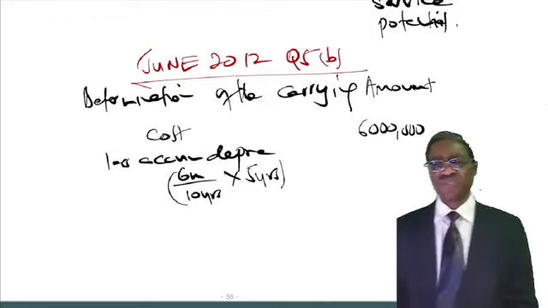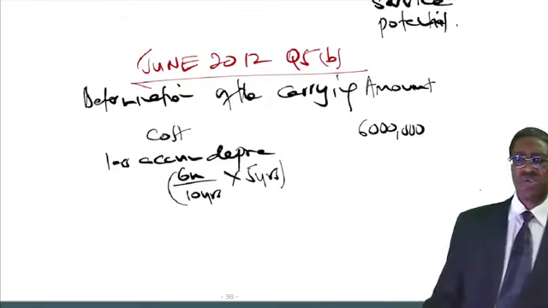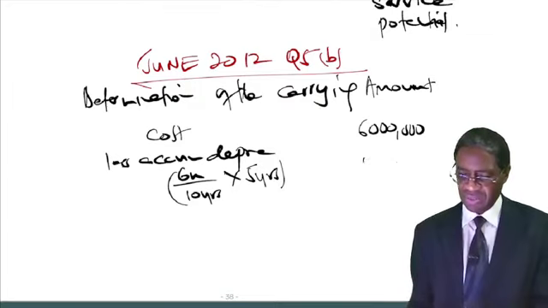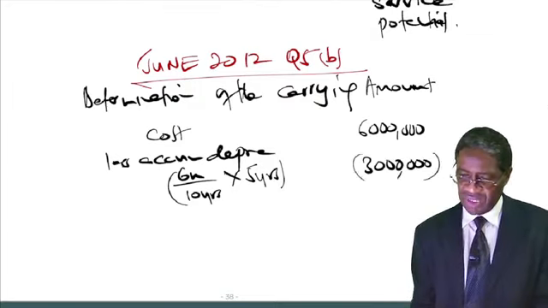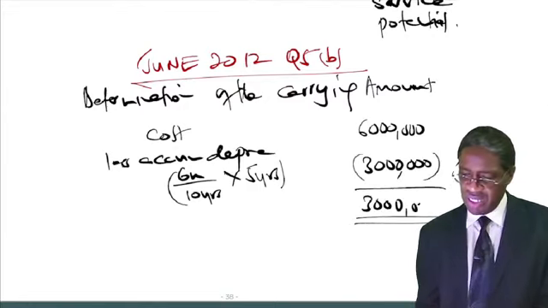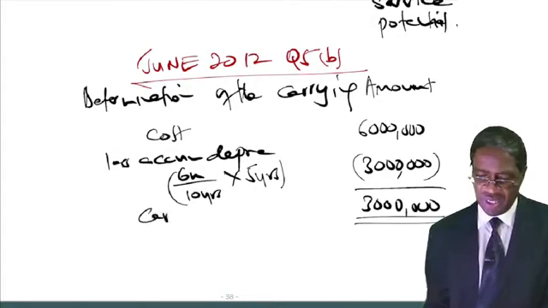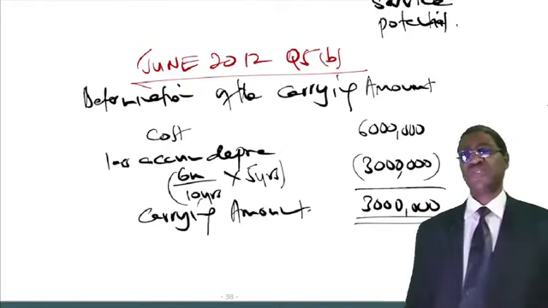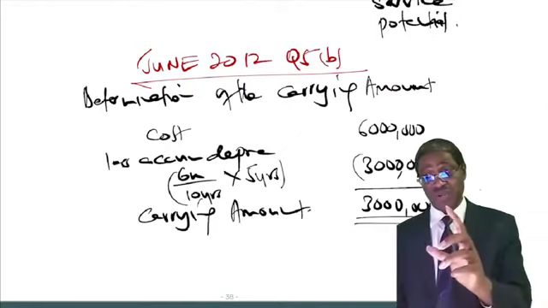Looks like a half, 5 over 10. Half of 6 million is exactly 3 million. So the carrying amount remaining is 3 million. Good. Now we know the carrying amount.